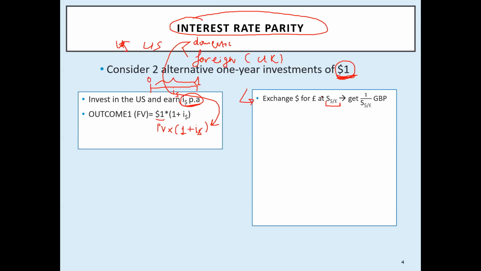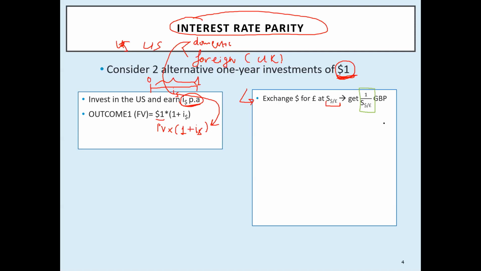So if I convert $1 into the pounds at the current spot rate of S, I should get 1 divided by S pounds. This is the amount of pounds I would expect to get if I convert the dollar into the pounds today.